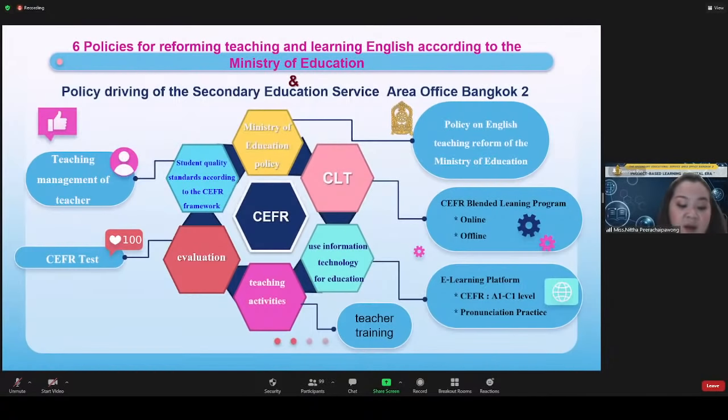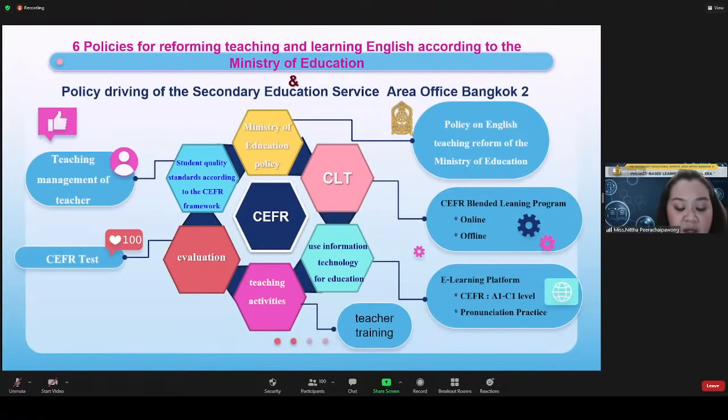The first, the International English Language Proficiency Standard Framework, the Common European Frameworks of Reference for Language, CEFR, is used as the main conceptual framework for teaching and learning English in Thailand. Course design, teaching and learning development, testing, evaluation, teaching development, setting learning goals.